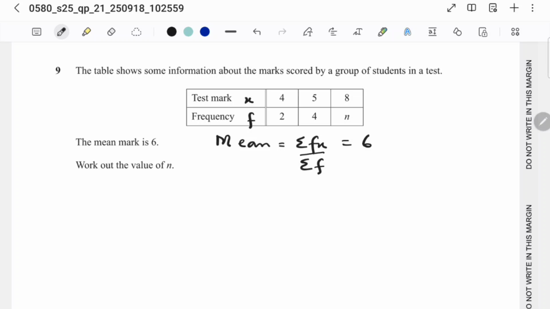You know that sum of fx means you multiply f into x: 4 by 2, 5 by 4, 8 by n, with addition signs in between, upon the total frequency equal to 6.